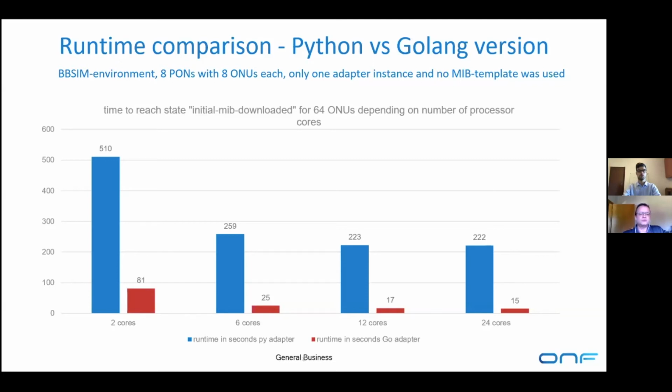For the Golang adapter, you see that for each increase of cores, the time to bring up these 64 ONUs decreases also. Also not proportional, but there's some base time we could not go under. And you see for 24 cores, we have the Golang adapter processing 15 times faster than the Python version.